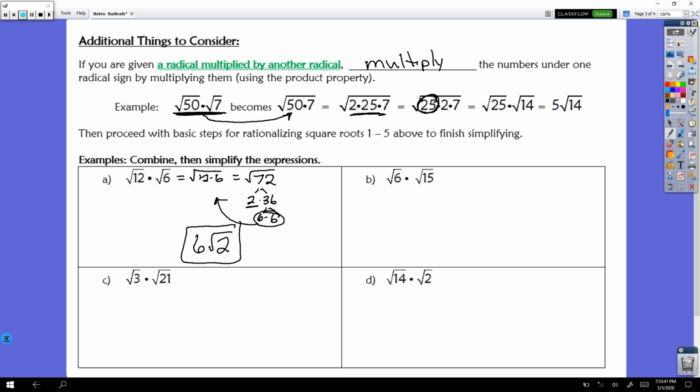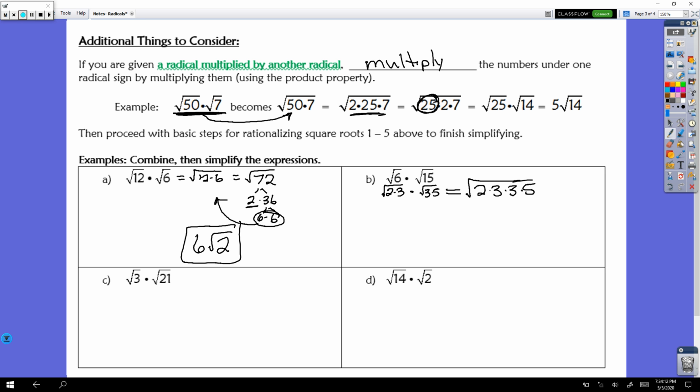Another way you can do this, for example B, is you can break everything apart first. So the square root of 6 would be the square root of 2 times 3. The square root of 15 would be 3 times 5. Now when I go to put everything under one root, it's already broken apart, so I would have the square root of 2 times 3 times 3 times 5.